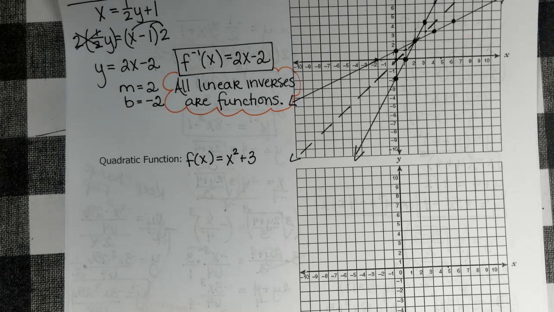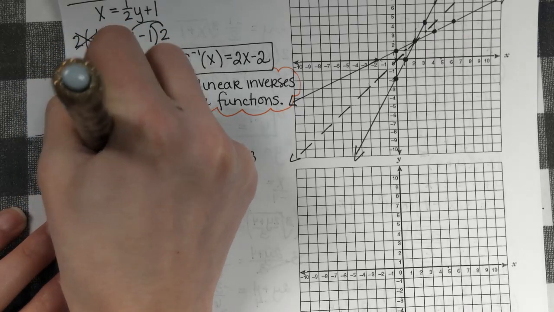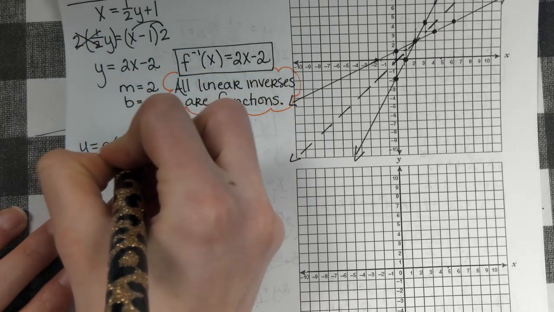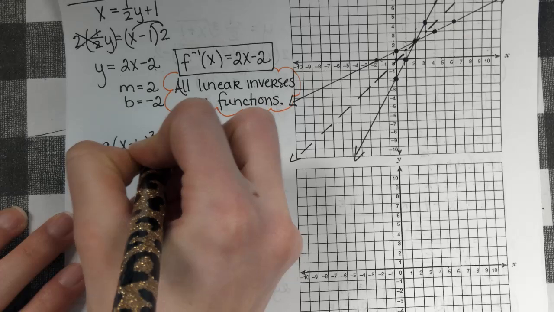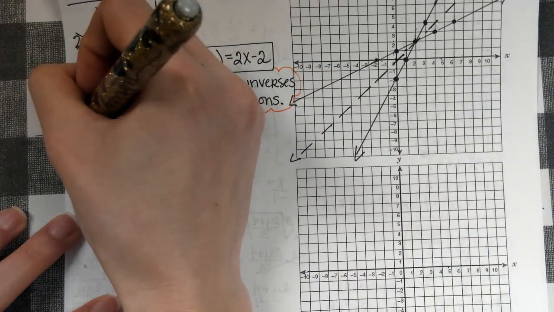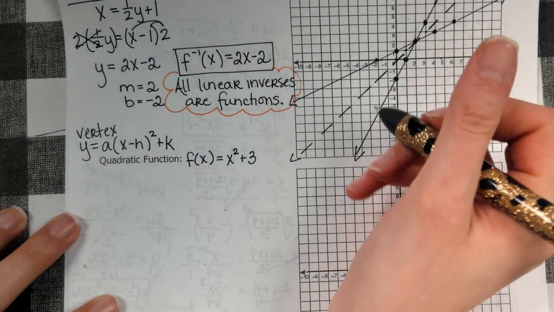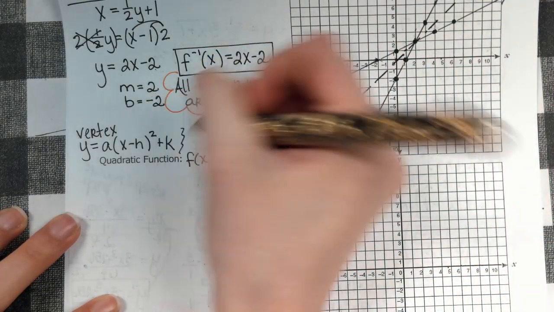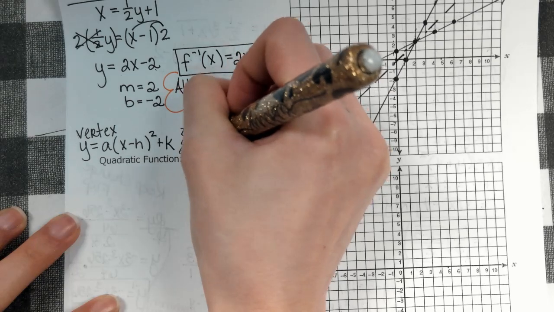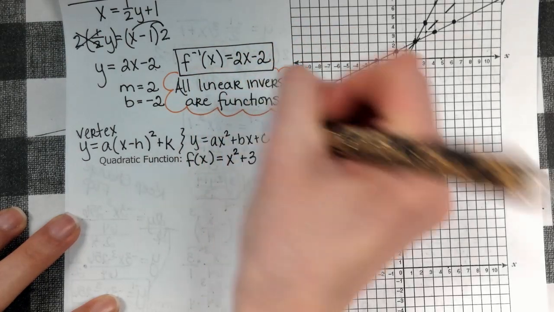With quadratic functions, you could have vertex form, which is y equals a times parentheses x minus h squared plus k. Or you could have standard form, which is y equals ax squared plus bx plus c.